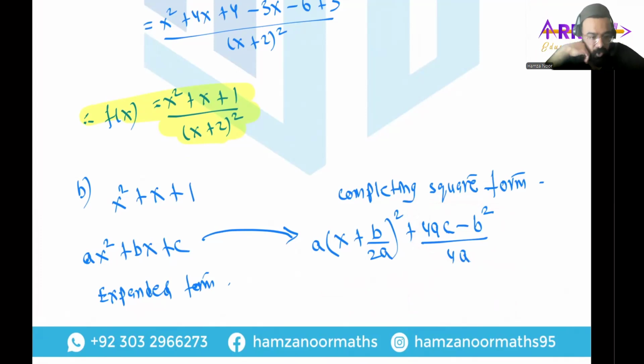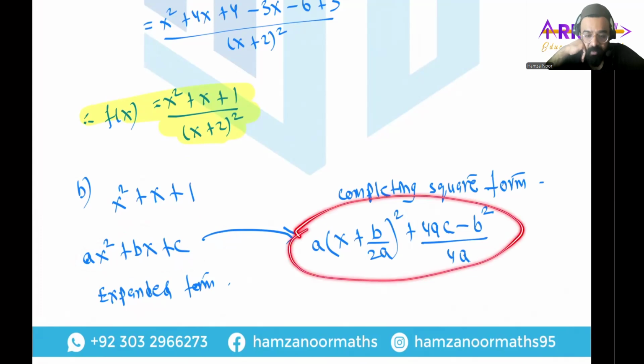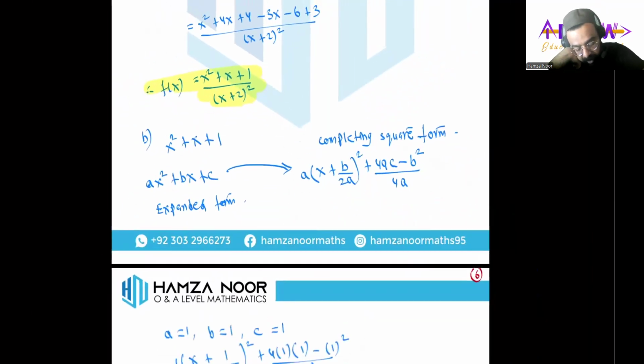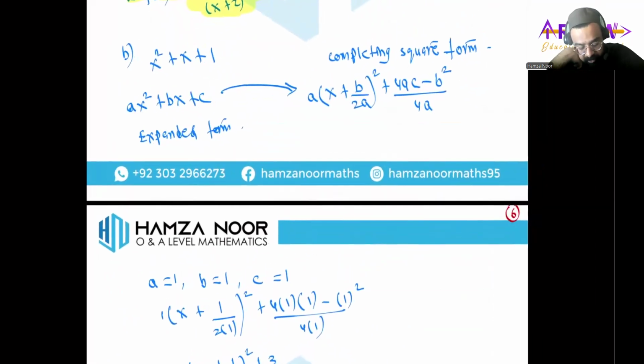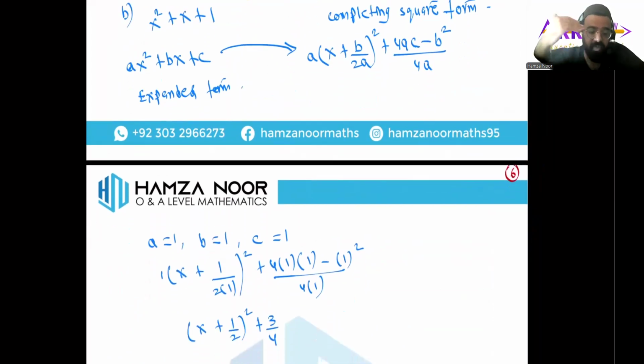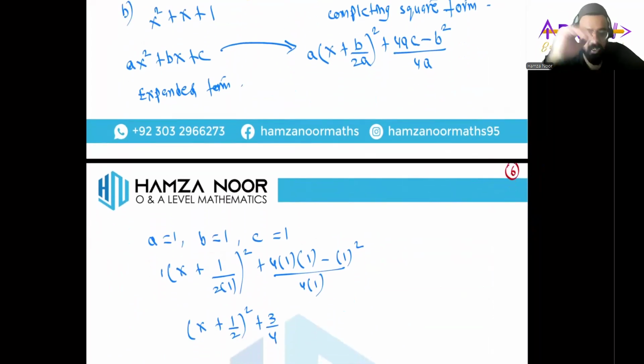Okay, so anyways, I'm going to convert this ax square plus bx plus c into completing square form by using this formula. All right, so a is equal to 1, b is equal to 1, and c is equal to 1. Okay, and after completing the square, I'll just explain it to you on this very same page. Okay, so just bear with me, hold on.